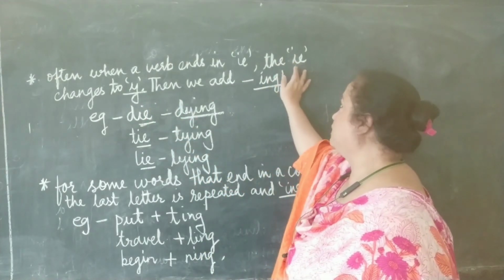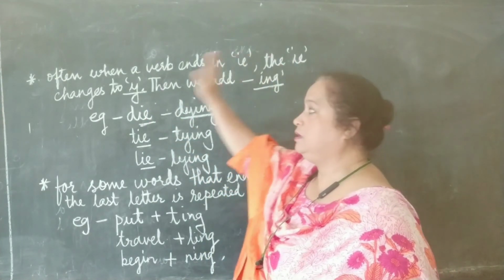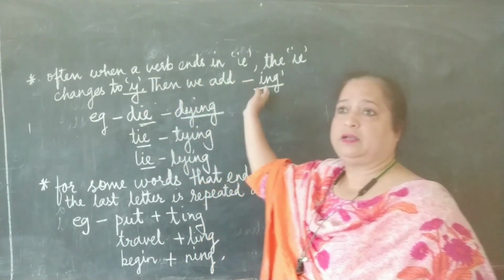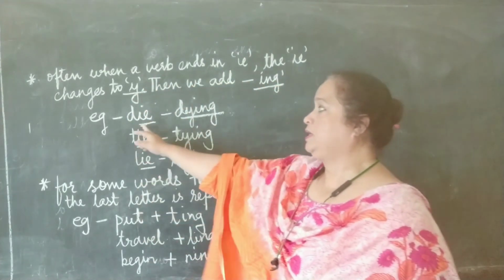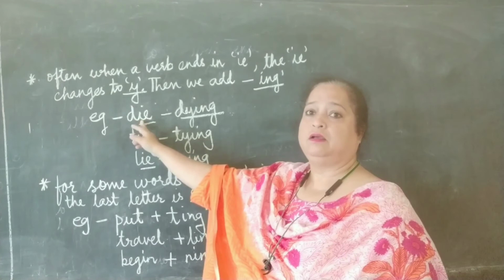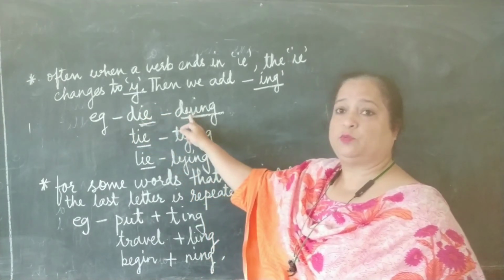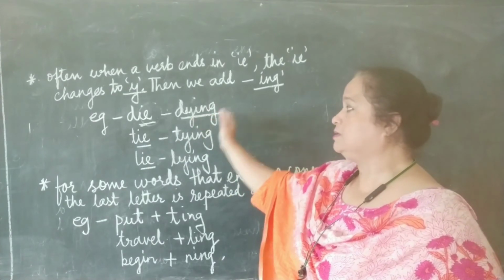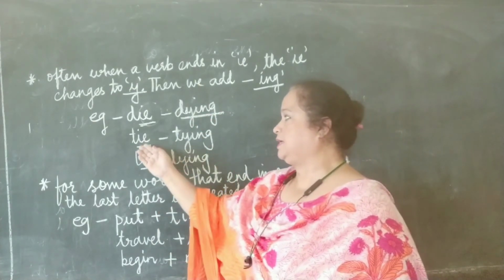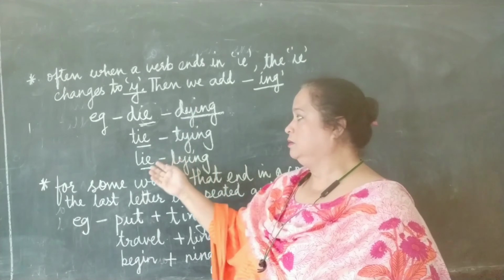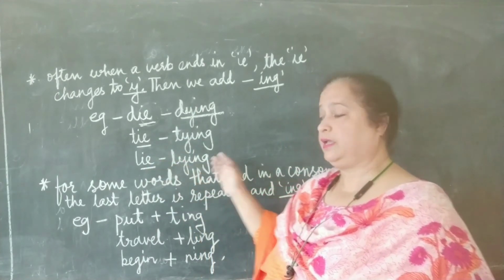We must remove IE, replace IE with Y and then add the ing form. For example, die, D-I-E. What did I do? I removed IE, I added Y and ing and I made it dying. Likewise, tie, lie.